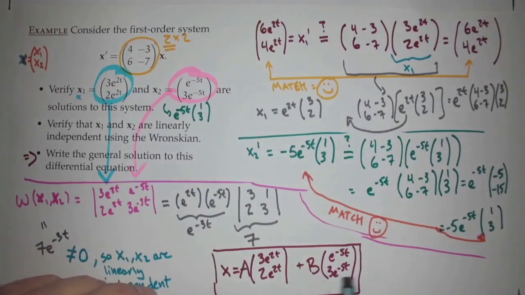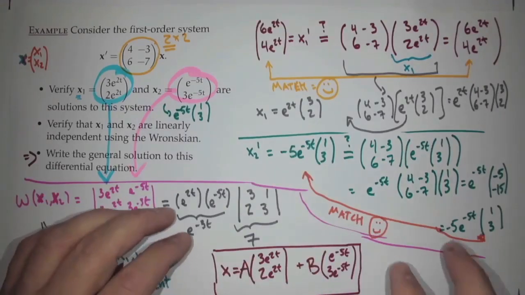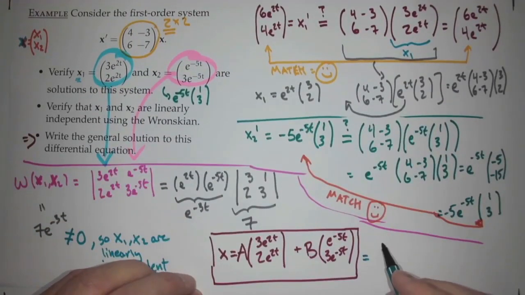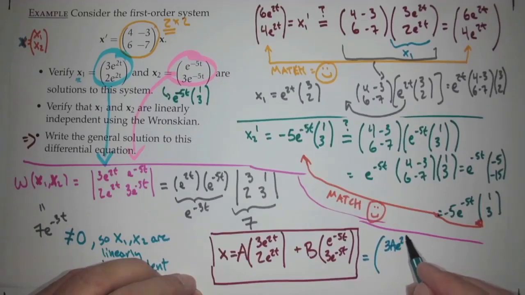Some other notes. We could have done a few things to this expression. We could have factored e to the 2t out. That's perfectly valid. The other thing we could have done is throw these together. So we could have said this is the same as 3a e to the 2t plus b e to the minus 5t, and 2a e to the 2t plus 3b e to the minus 5t.